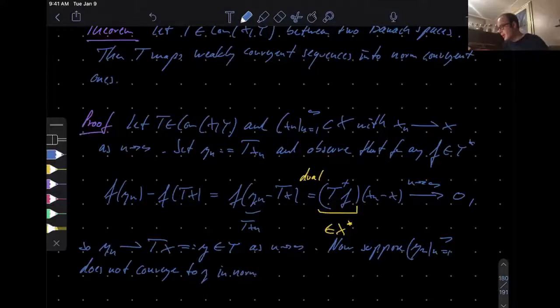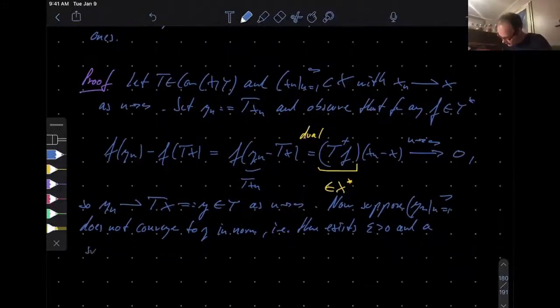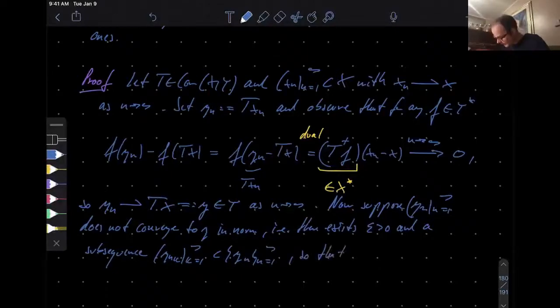Okay, so that means there exists epsilon positive and a subsequence y_{n_k} of y_n so that these stay away from y.